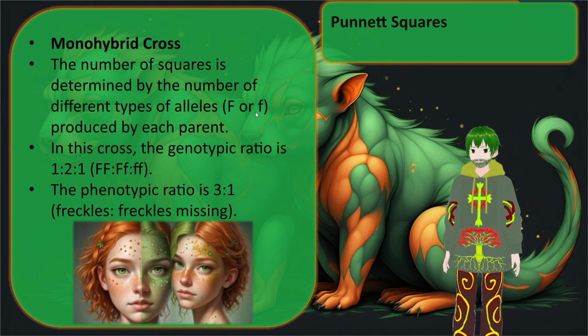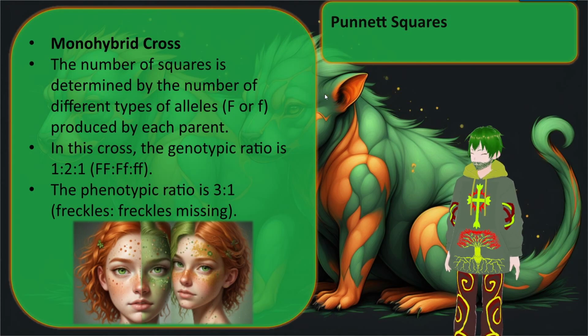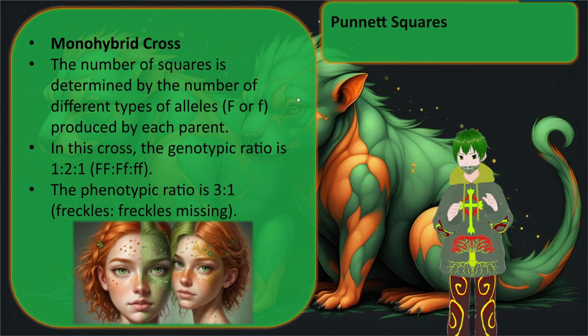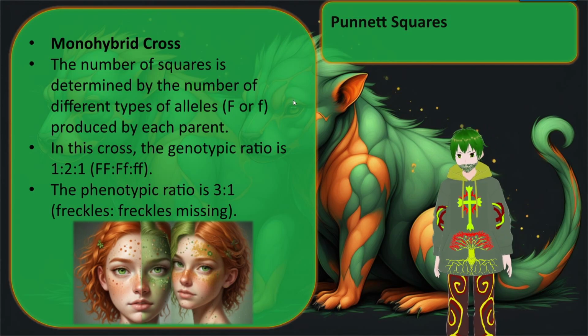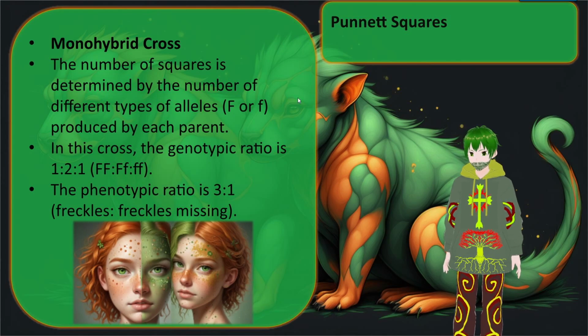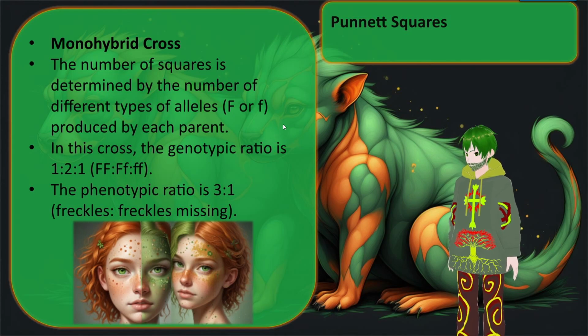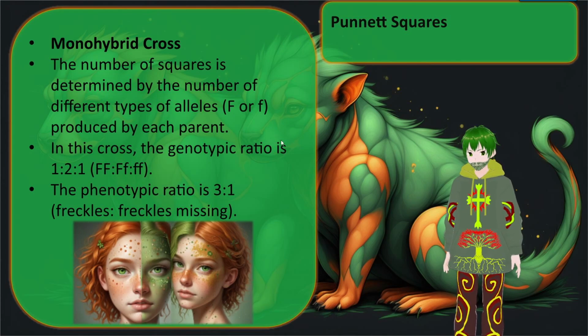And so in a cross, you're going to have four squares with the first parent on the top, usually the mother, if I recall correctly, and it'll have the symbol for their alleles, dominant or recessive, and there should be two of them. And along the left side of the four squares, you will have the alleles for usually the father, and it'll be dominant or recessive, whatever it is.